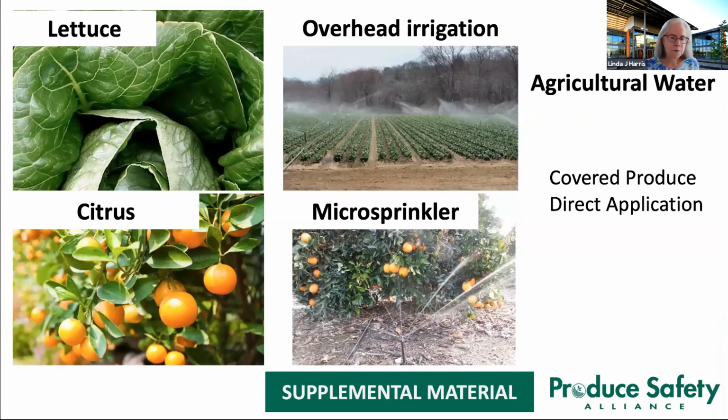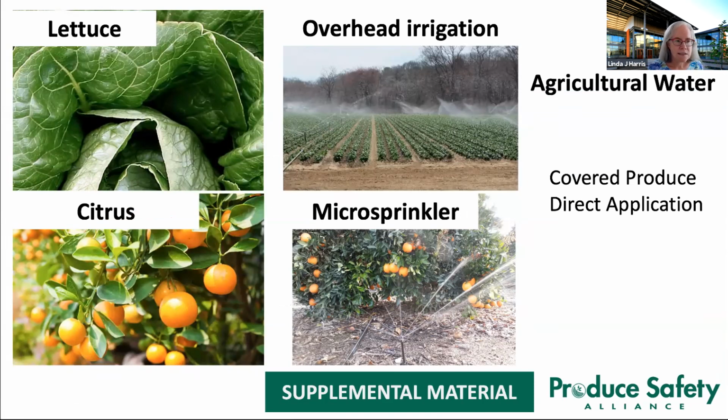So I've just taken a couple of slides from the Produce Safety Alliance training material with a couple of additional photos of my own thrown in. In this case, we have overhead irrigation of lettuce or other leafy greens, and micro sprinkler irrigation of citrus.